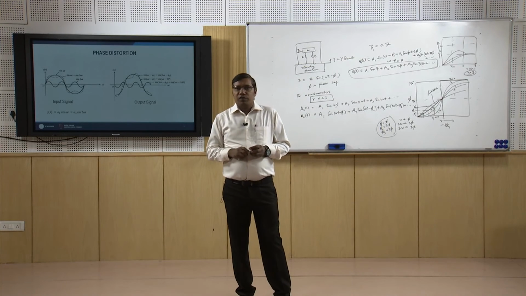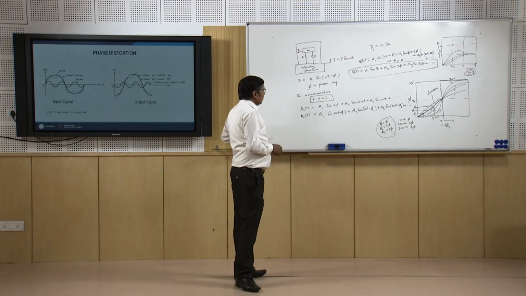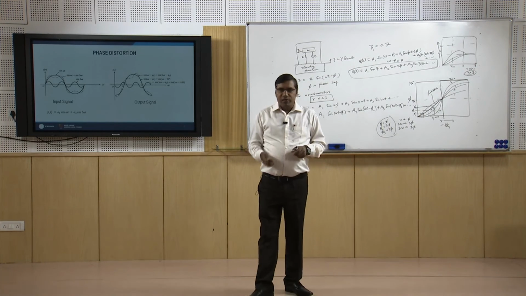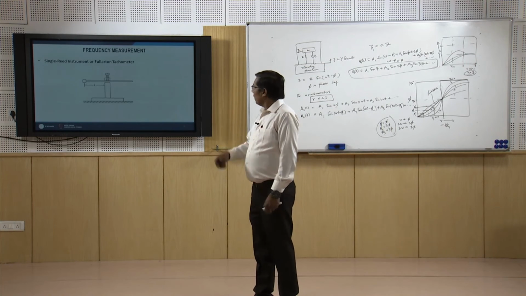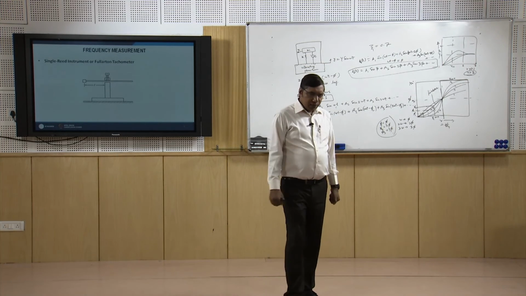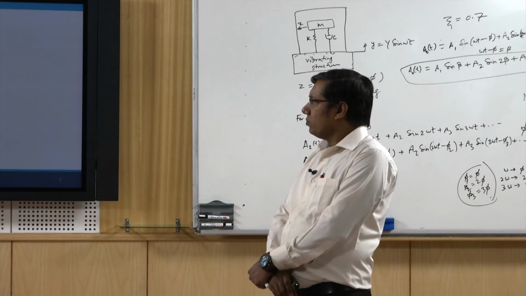So in case of these accelerometers, we can take zeta equal to 0.7, and this will solve the problem of phase. Now we come to frequency measurement. As we have some time, we have to measure the frequencies.